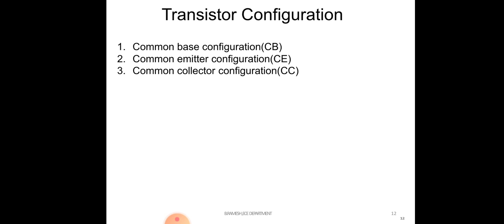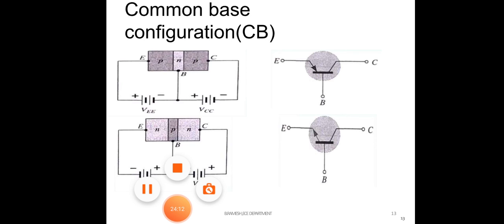If the emitter terminal is common for input and output, that is called a common emitter configuration. If the collector terminal is common for input and output, that is called a common collector configuration. This one I will explain in the next video.